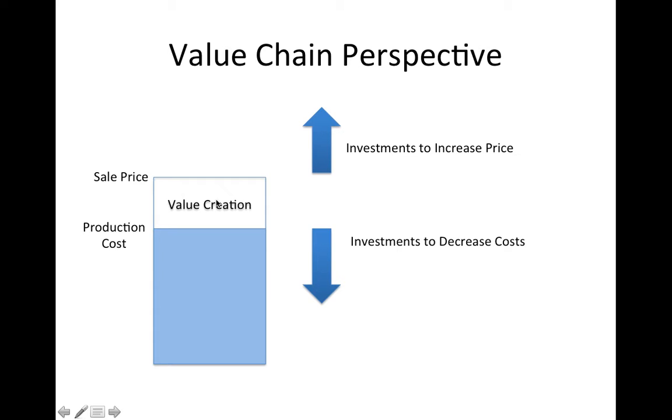And generally speaking, if a company can somehow decrease its cost or increase the price at which it sells its product, then it can create value. Now, when I say decrease its cost, just keep in mind that you can decrease the per unit cost if you sell more, and therefore you can take all of your fixed costs and allocate them out to more units. So there's two different takes on that.